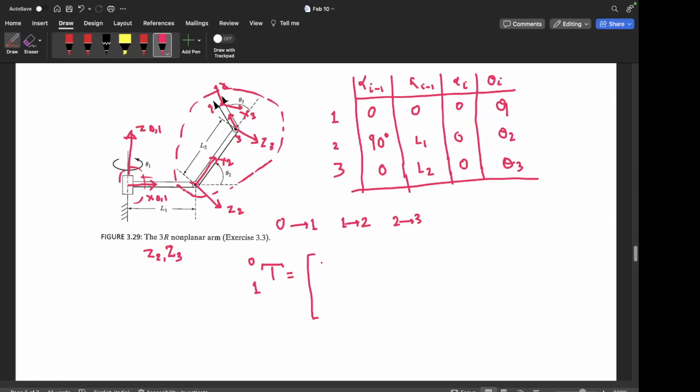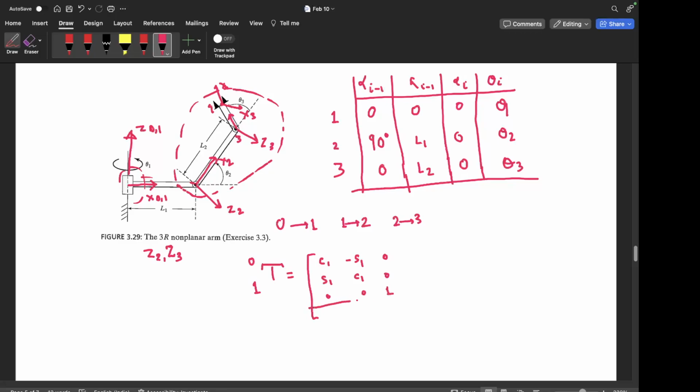So the first part will be the rotation matrix from 0 to 1, which is just a rotation about the z axis. Theta 1 is the angle, so this will be cos theta 1, minus sin theta 1, 0; sin theta 1, cos theta 1, 0; 0, 0, 1.